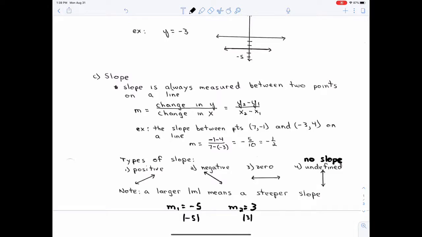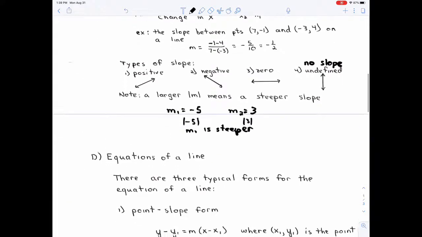And since the absolute value of 5 is larger than 3, this M1 is a steeper graph. The only thing the negative does is tell you it's going down.